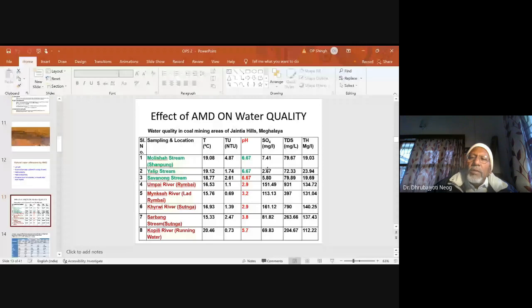At the same time, you will find a high concentration of sulfate. Here, in the unaffected stream, it is 7.41 or 2.67, whereas in the affected ones, it is 151, 113, 161, and so on. So this way, contamination by acid mine drainage affects pH, sulfate, total dissolved solids, and all other parameters, and this way the quality of water deteriorates.